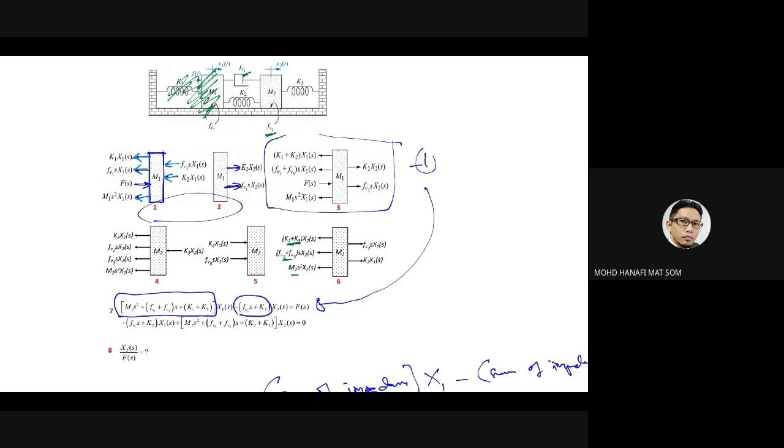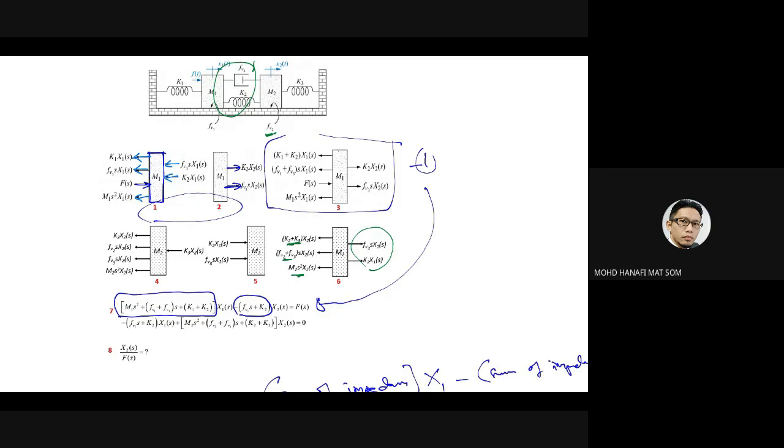So M2 S squared X2. And then we consider the movement of M2 due to the motion of M1, which is actually M1 is connected to the FV3 and spring. So we have these two terms, FV3 S X1 and K2 X1.